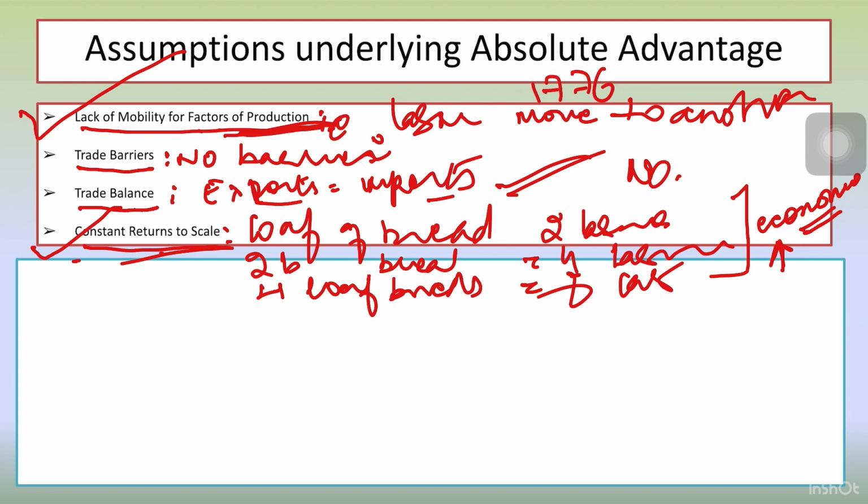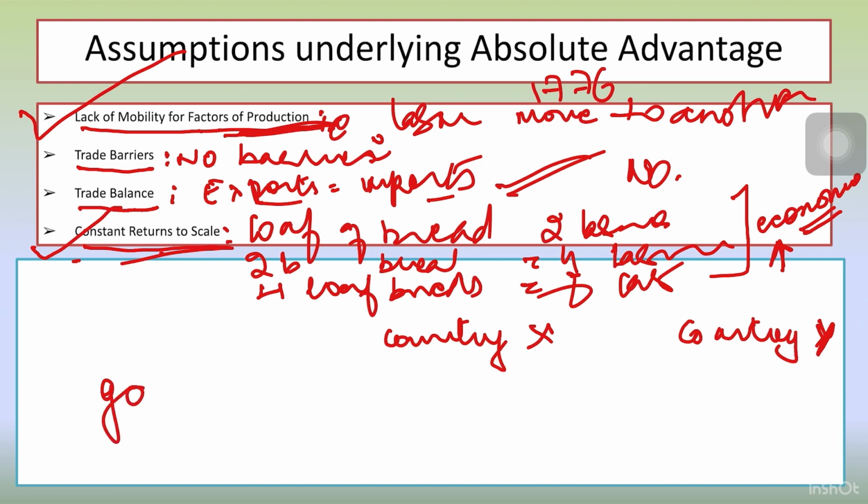Okay, now let us understand this theory with the help of an example. I've taken 2 countries, say country X and country Y. We have two products, say good 1 and good 2.